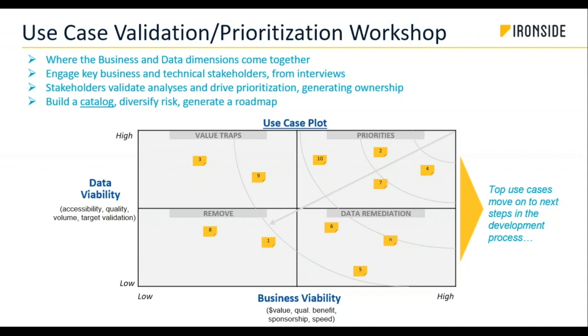So you involve the stakeholders, you validate the analyses on each of these axes separately, you bring them together, and you engage those stakeholders in doing this prioritization exercise. That allows them to generate ownership and creates that cultural change. And we build a catalog of these because it will diversify our risk. Pam just gave you an example of a use case that didn't end up being viable in the relocation client example that we mentioned. So you diversify that risk and you generate a roadmap.